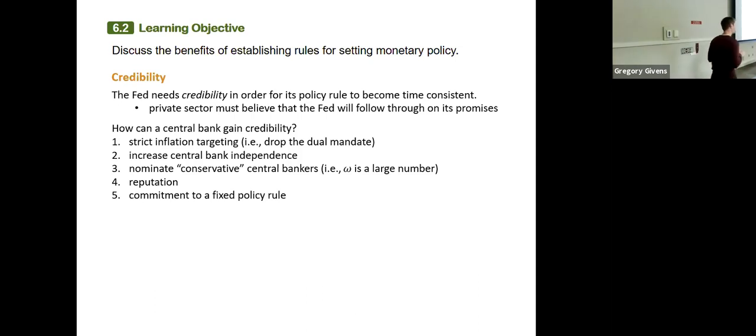Okay, you guys have any questions then about that? Do you understand the difference between discretion versus rules, the expectations trap versus time inconsistency, and how some of these ideas here can help the central bank generate the credibility needed to overcome the time inconsistency problem?